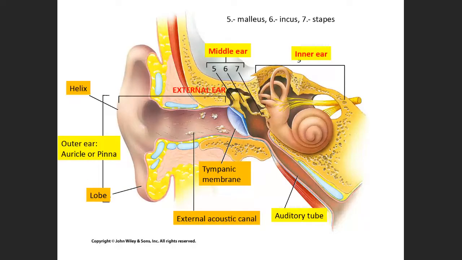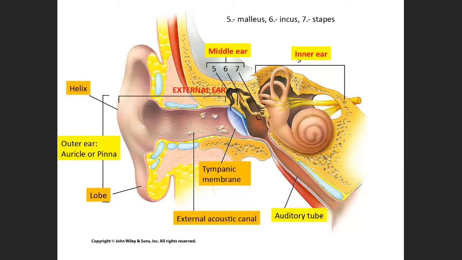In the middle ear, the first ossicle is the malleus, which is in physical contact with the tympanic membrane. When the membrane vibrates, the malleus vibrates and transfers the vibration to the second ossicle, the incus, which transfers the vibrations to the stapes, the last ossicle.